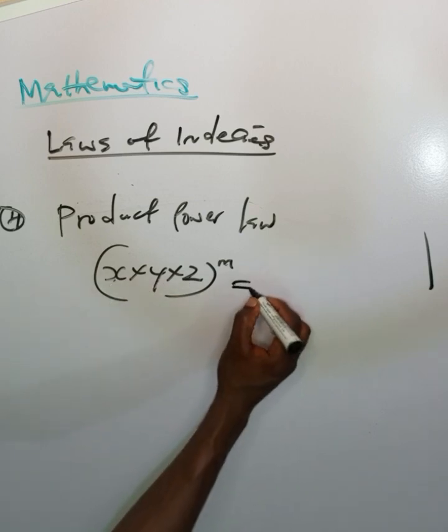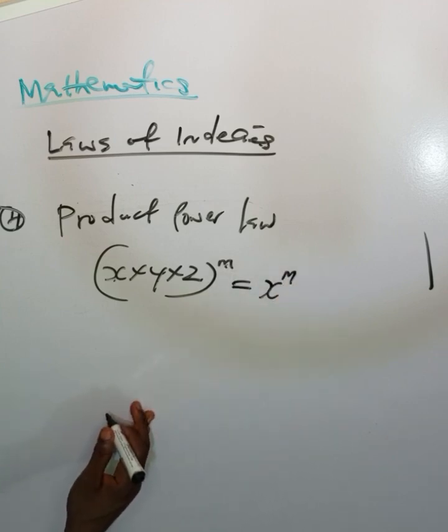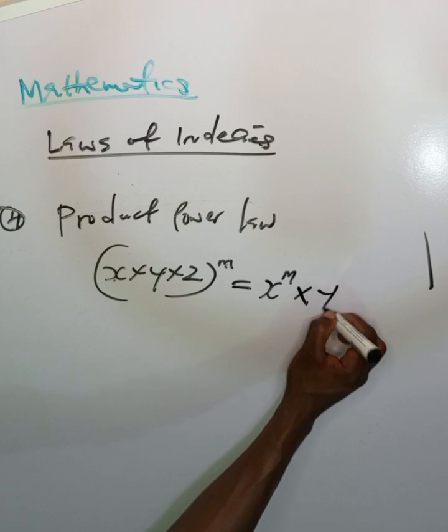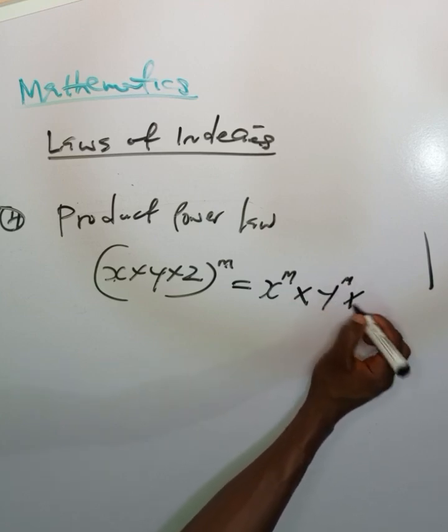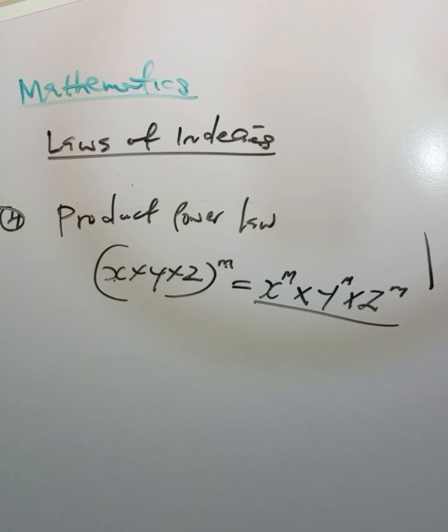That is, m belongs to x raised to power m, y raised to power m, z raised to power m. So the power is shared to all the factors that make up the product.